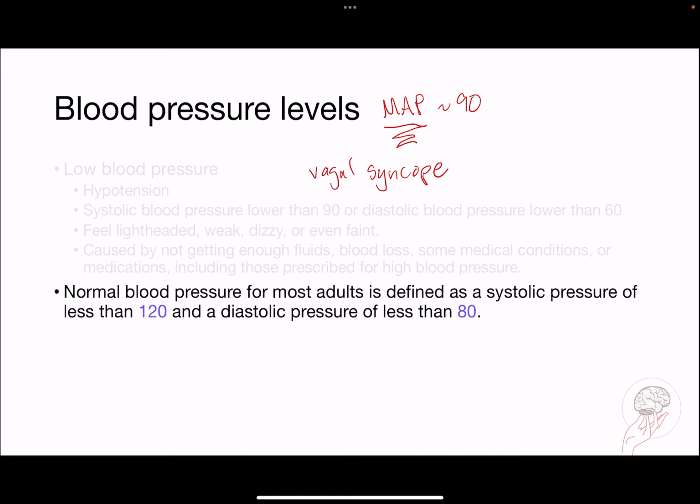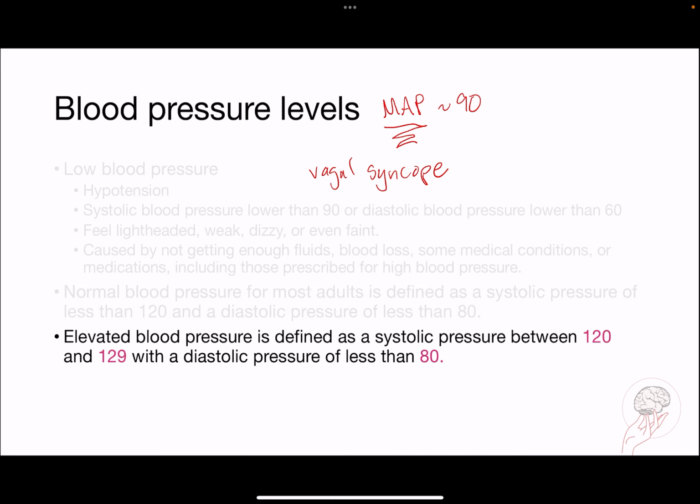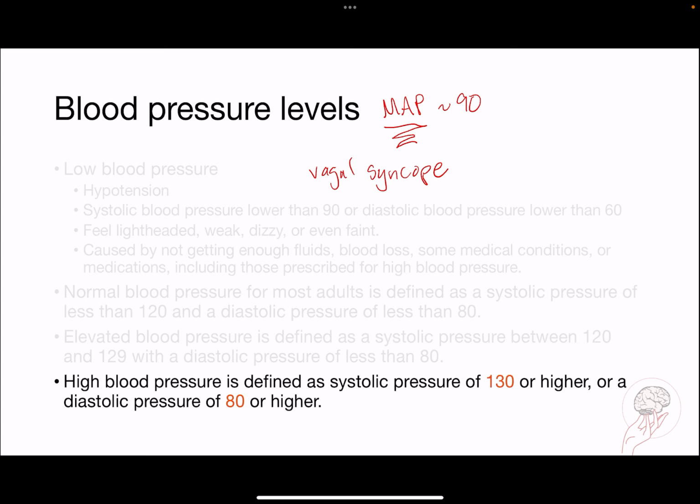And normal blood pressure for most adults is a systolic of less than 120 and a diastolic of less than 80. And an elevated blood pressure is between 120 and 129, with a diastolic less than 80. And high blood pressure is a systolic greater than 130 and or a diastolic pressure of 80 or higher.